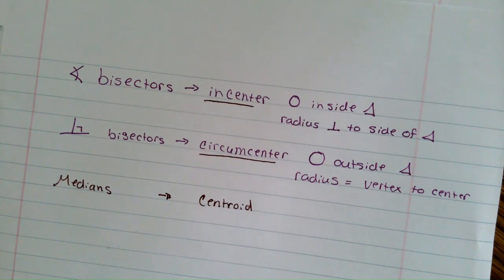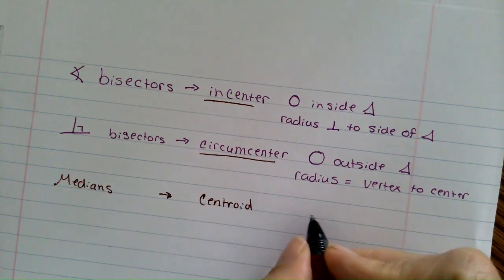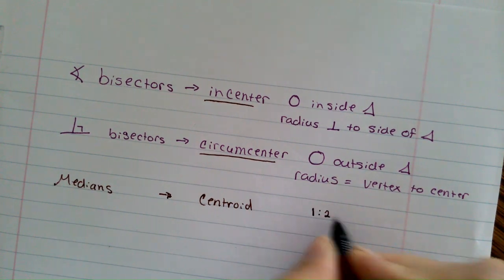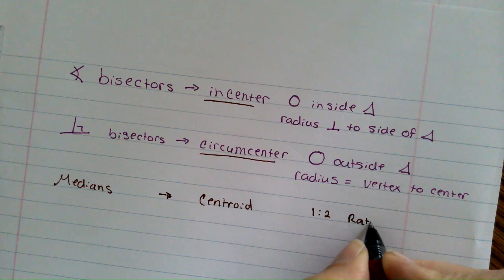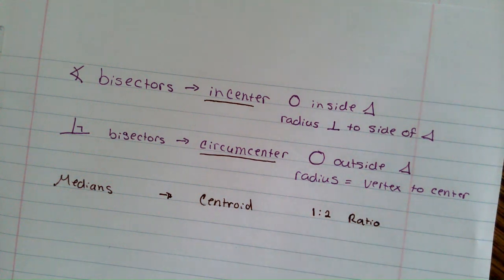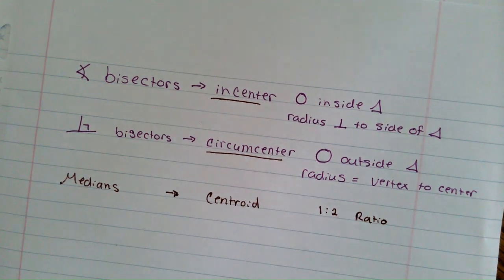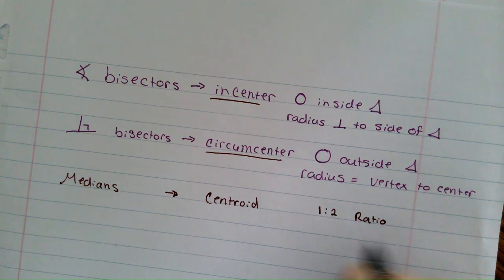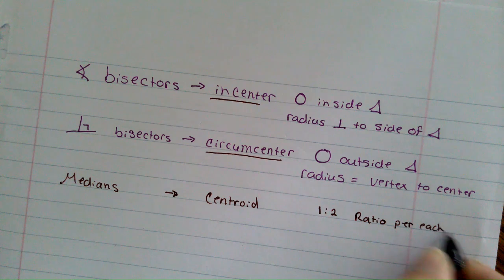Okay, and that's always going to be inside the triangle, and it's going to have a 1:2 ratio away from the vertex to the side. So keep that in mind, that 1:2 ratio is going to happen. And that's going to be per each median.